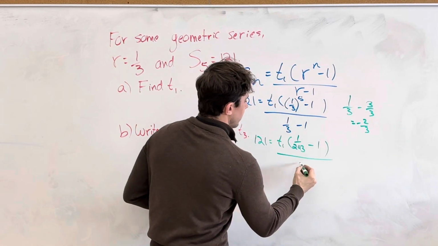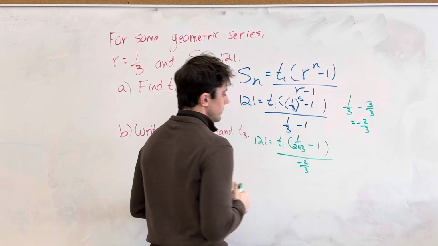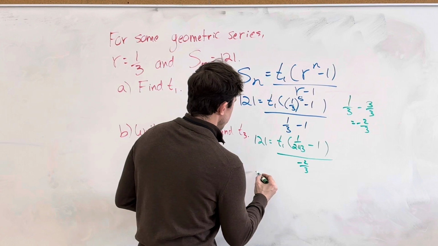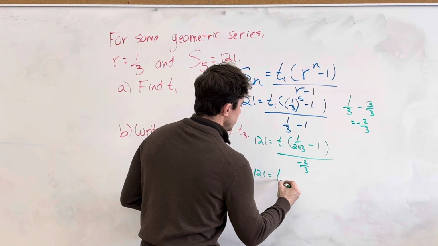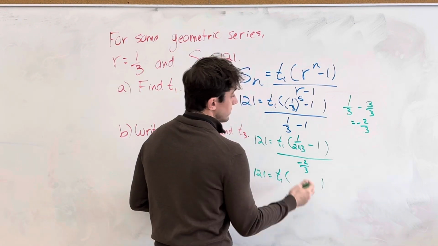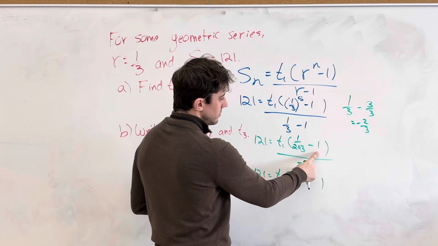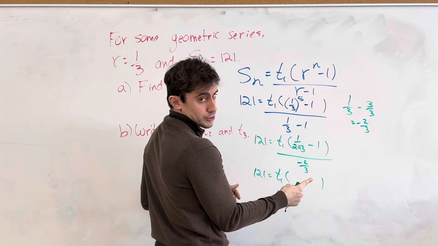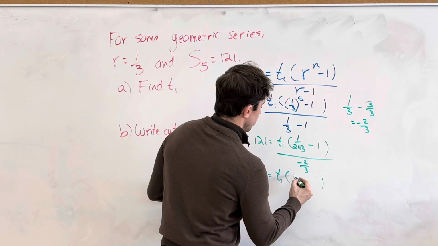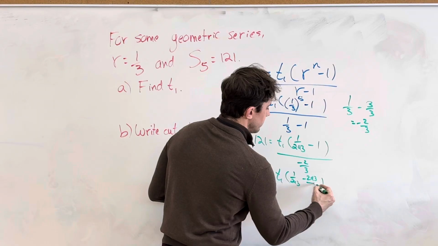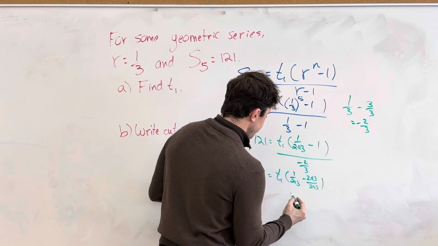And so we can write that as our denominator. Next, let's go one step further. 121 is equal to T1 times, again, to subtract with the fraction we need a common denominator. So I'm going to make the 1 into 243 over 243, and so we'll have 1 over 243 minus 243 over 243.